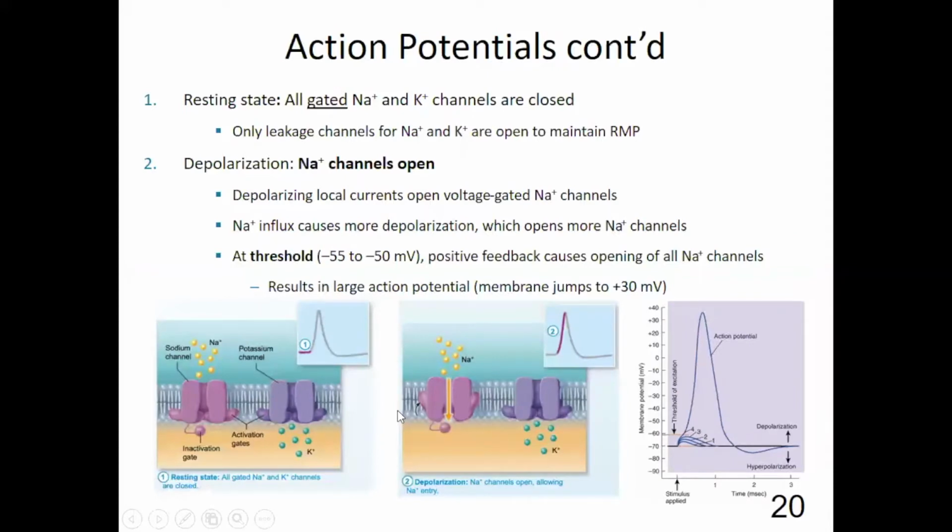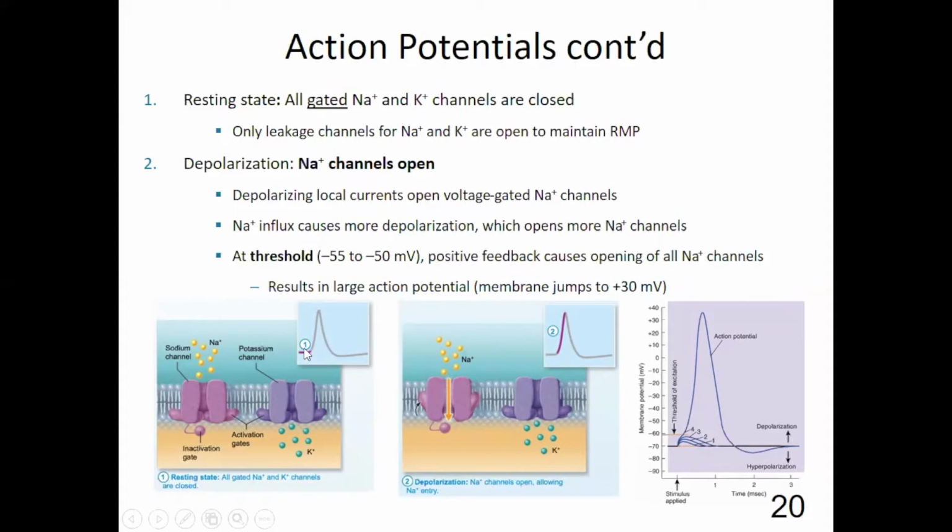So if we look at what is causing these different phases of the action potential, again, it goes back to those ion channels opening and closing. At rest, the cell is at minus 70 millivolts. That is our resting membrane potential.